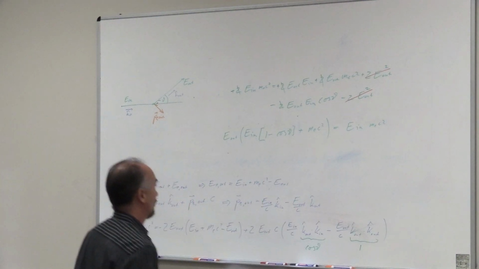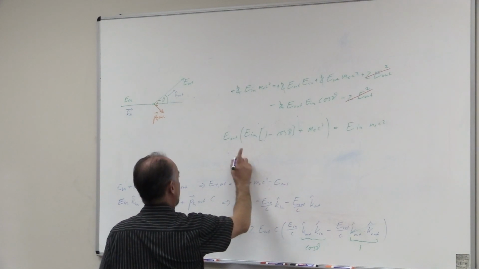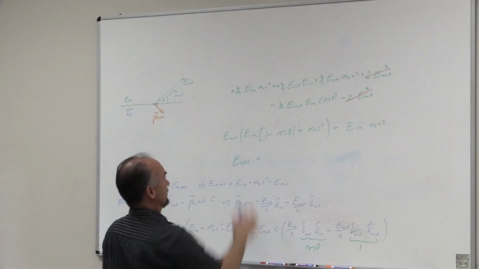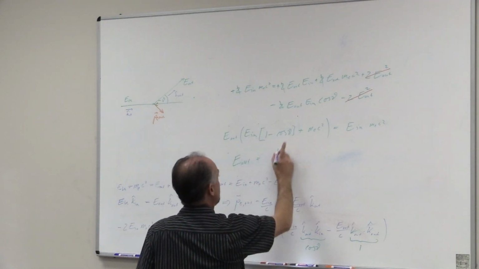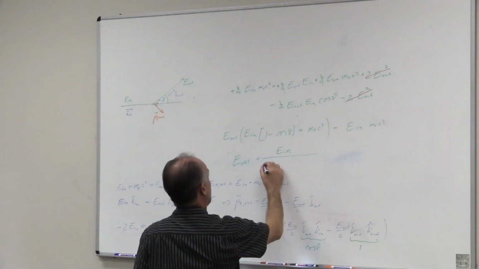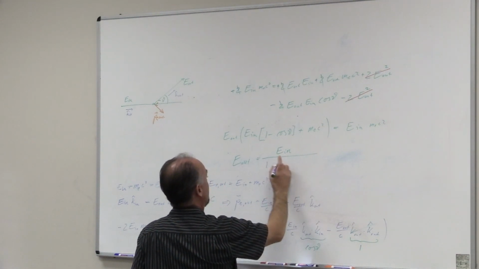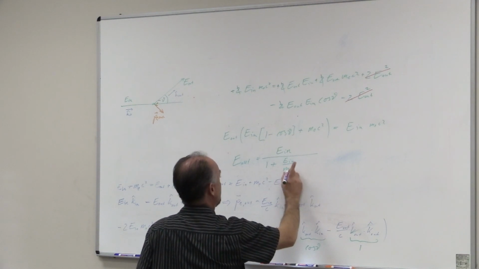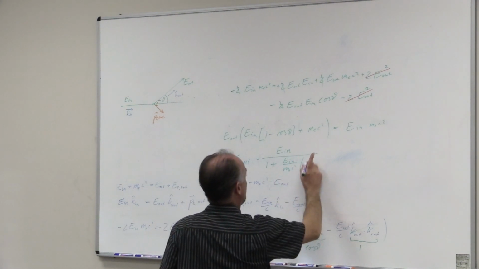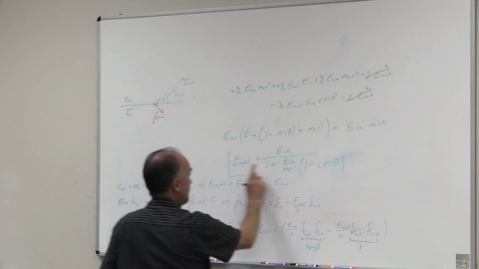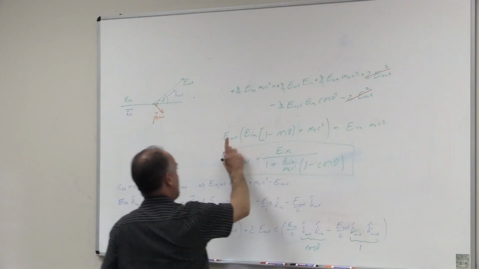squared, or we had the outgoing photon energy as, just divide by this, E in over 1 plus E over mec squared, 1 minus cosine theta.